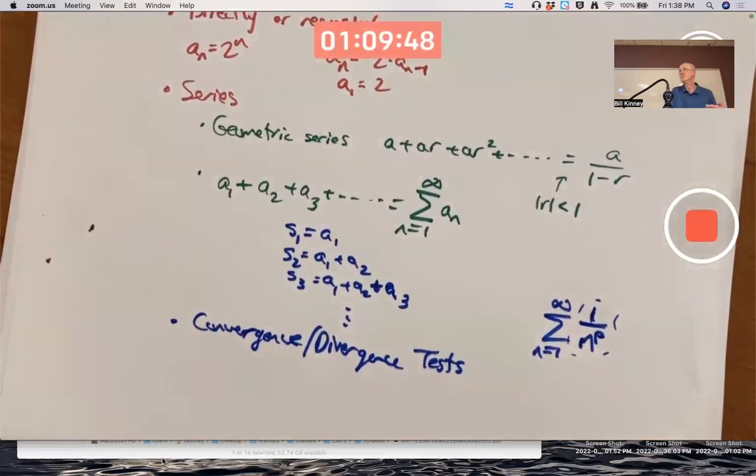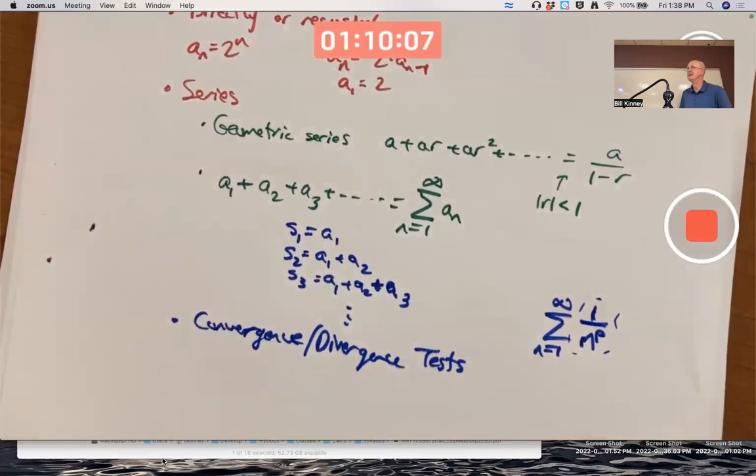You know it converges when p is bigger than 1 and diverges when p is less than or equal to 1, which includes the harmonic series case when p equals 1. That's a fact to know. It can be confirmed with the integral test. But it's illustrating that just because the terms go to 0 doesn't mean the series converges. You need some other test.